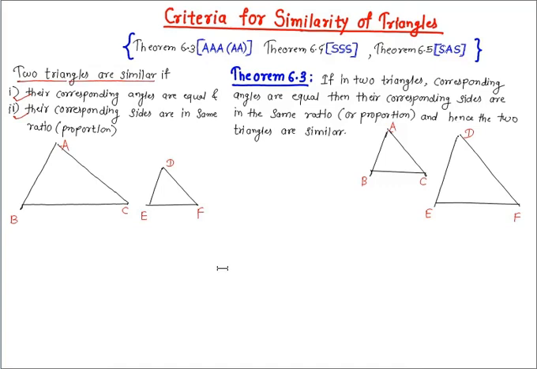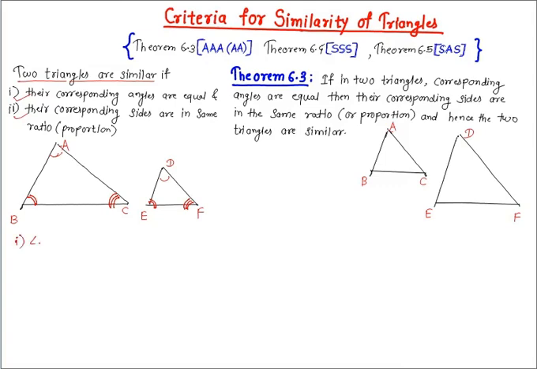Let's say we have two triangles given, triangle ABC and triangle DEF. If angle A is equal to angle D, angle B is equal to angle E, and angle C is equal to angle F, that means all the corresponding angles are equal, that is the first condition.